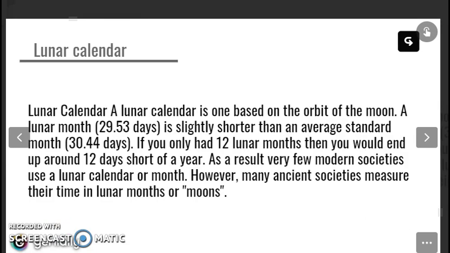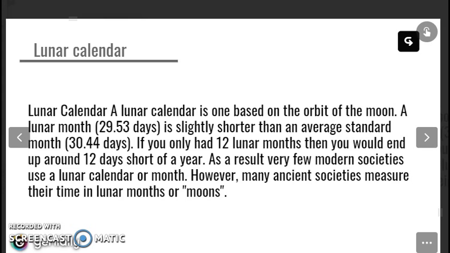Lunar calendar. A lunar calendar is one based on the orbit of the moon. A lunar month that is 29.53 days is slightly shorter than an average standard month that is 30.44 days.